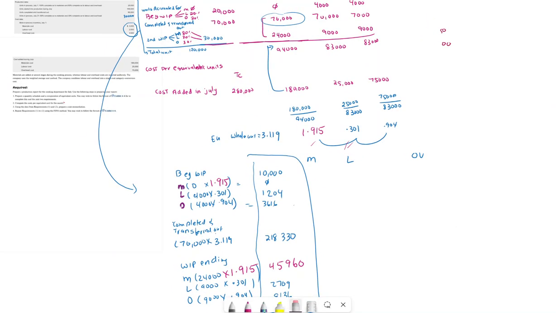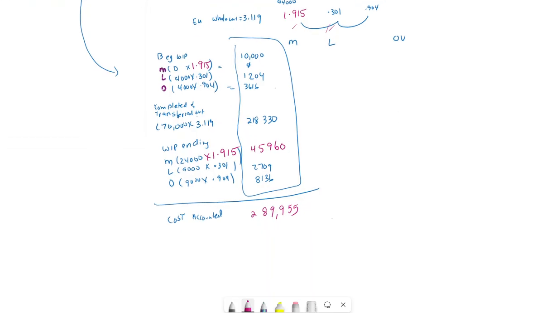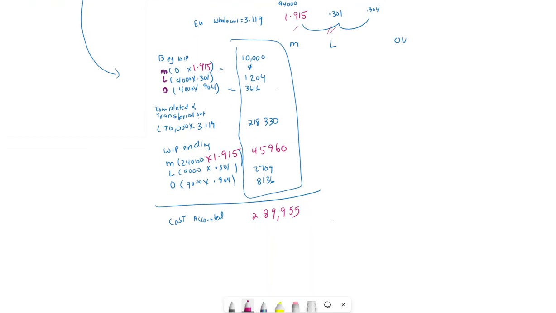That's my mistake. The cost that we brought in was 10,000 for the beginning work in process. You have to add it here, the beginning work in process that we need to account for. So that'll be 290, and I was wondering why I was getting a different number.